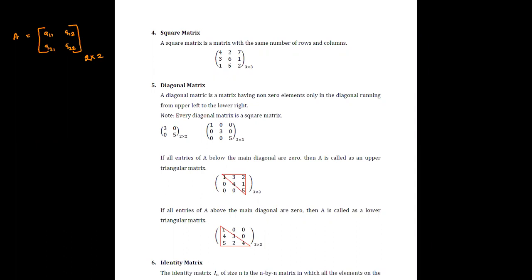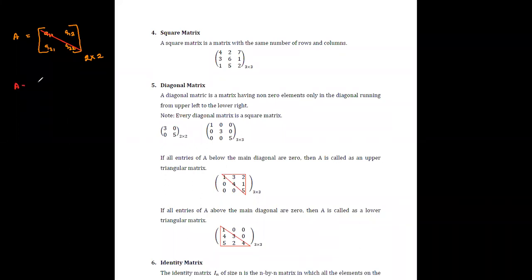If you draw a line from the upper left to the bottom right, then this is said to be the main diagonal of any given matrix. Here we can see the main diagonal, and the elements which are not on the main diagonal are zero.